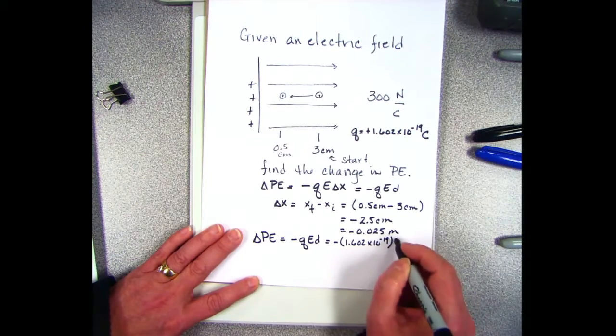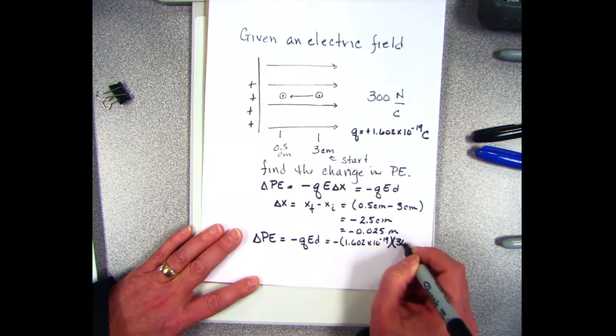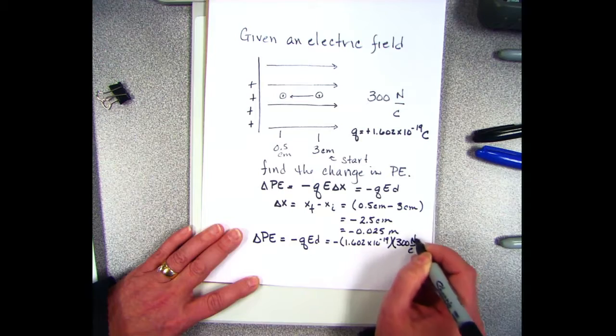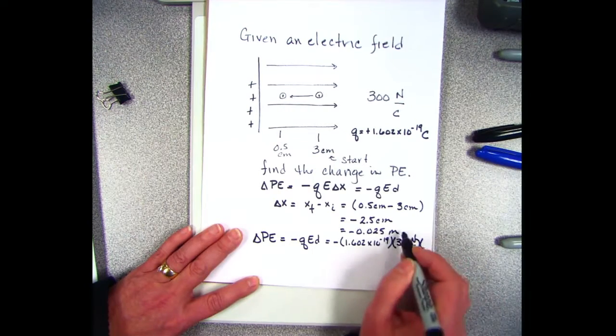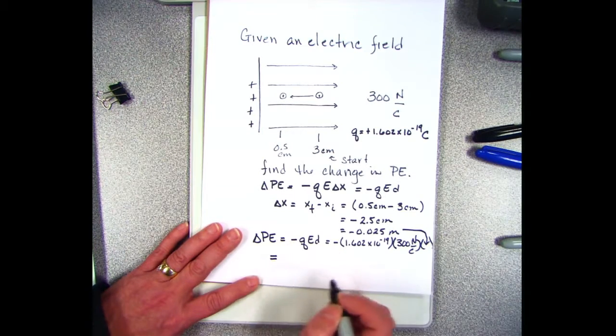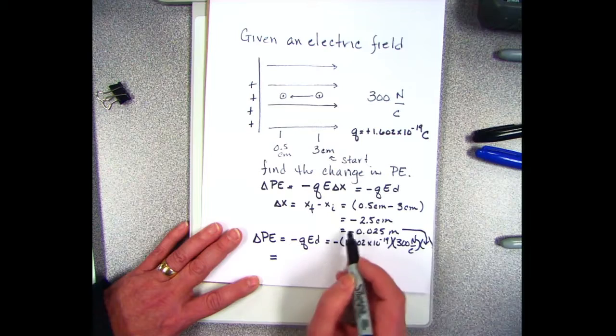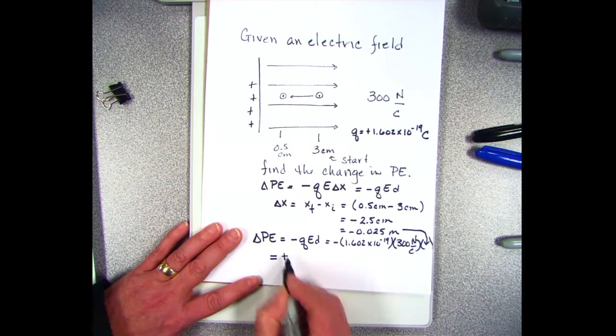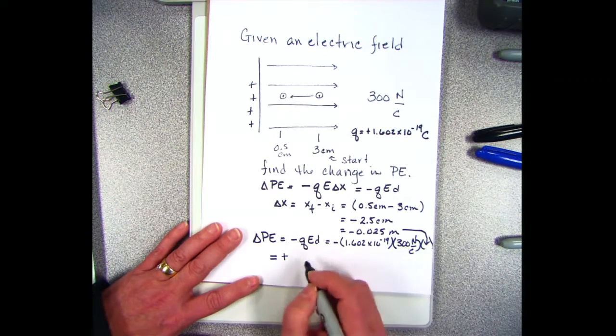That's my change in distance, and when I plug that into the calculator, this is a negative, that's a negative, so I end up with a positive answer. And I get a number that's 1.2015 times 10 to the minus 19 joules.